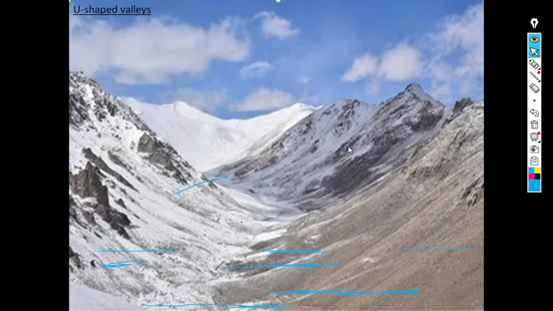Next question, this is the U-shaped valley. Just look here. The glacier is moving in this way.